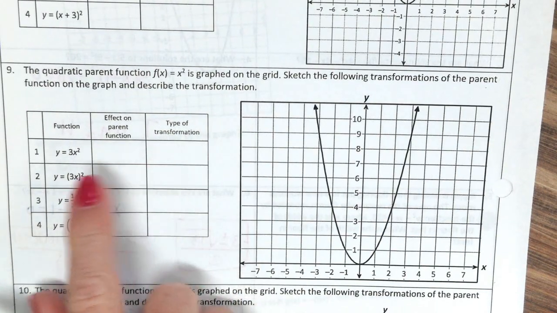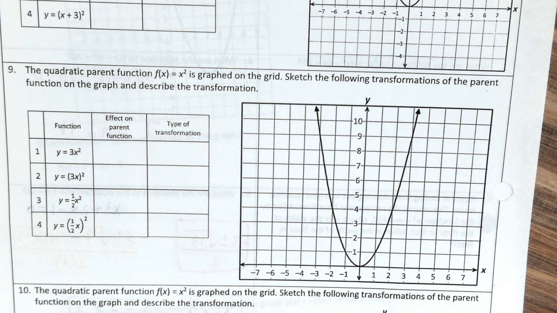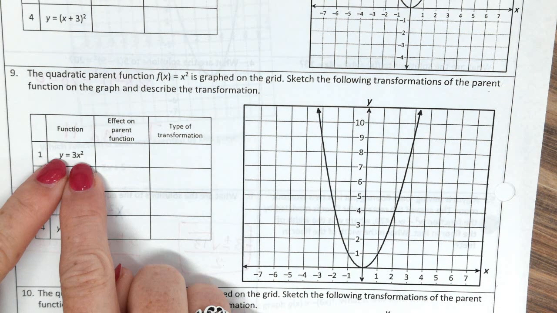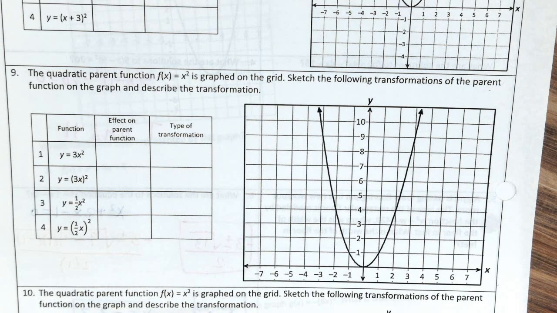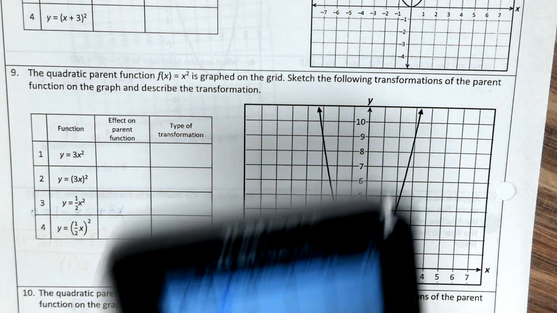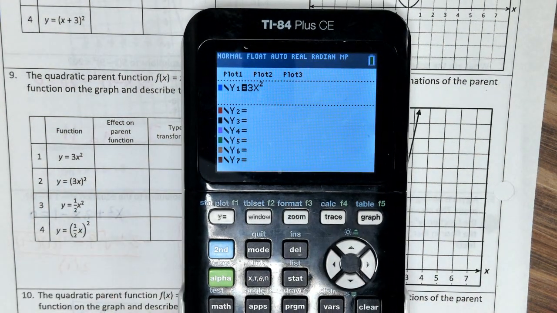Now we're going to look at when you multiply, and it's going to either stretch it or compress it. Make sense? All right, so let's look. What do y'all think is going to happen when we multiply by a number greater than 1? It's a vertical stretch. So let's pretend I have no idea. I go to y equals, I type in 3x squared.